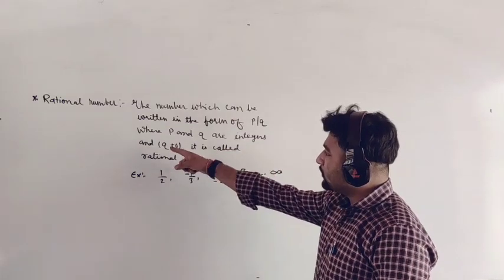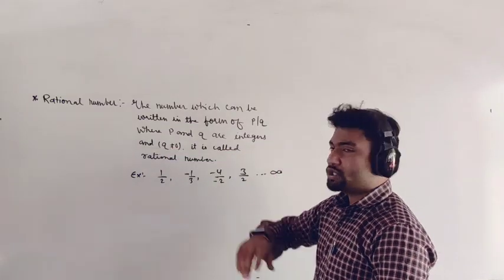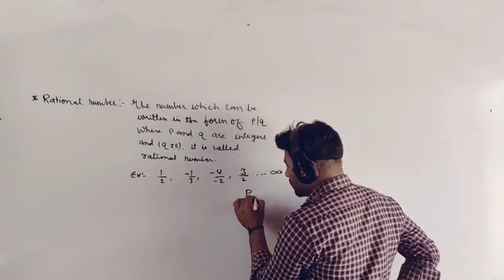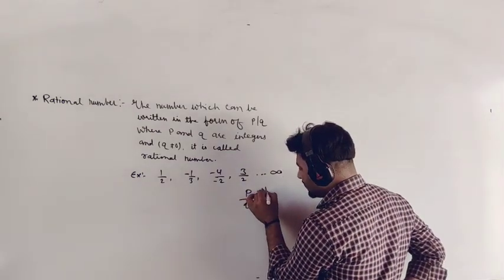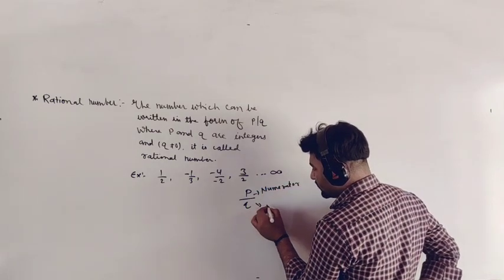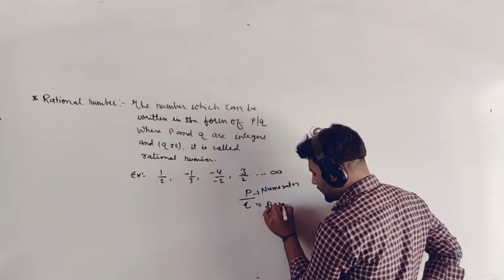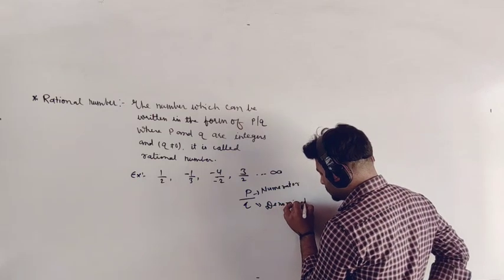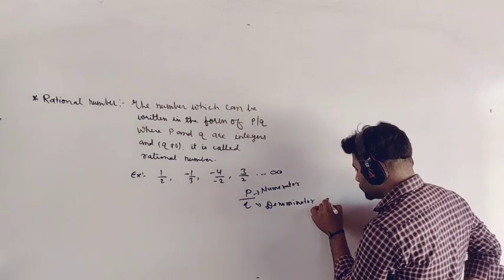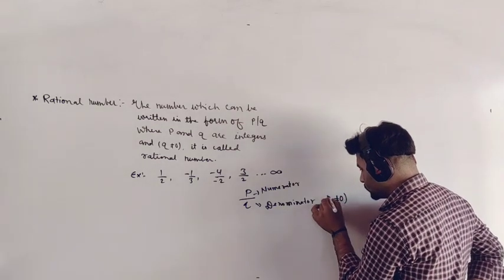Here the point is Q not equal to 0. If we write P upon Q, P means numerator and Q means denominator. So here the condition is Q not equal to 0.